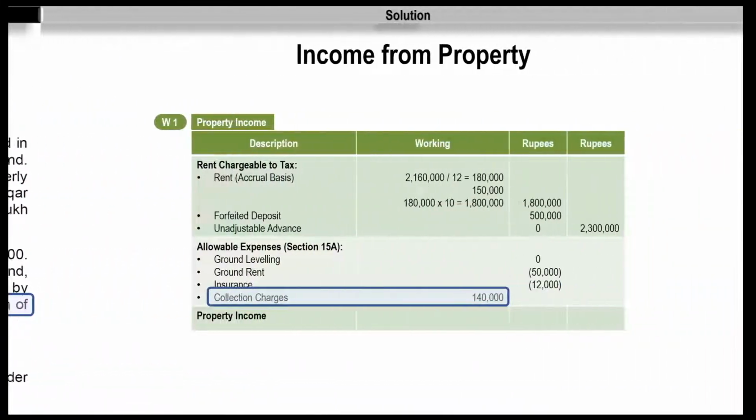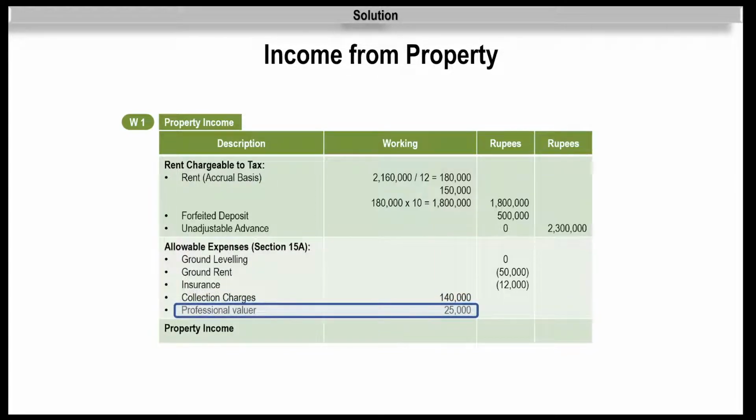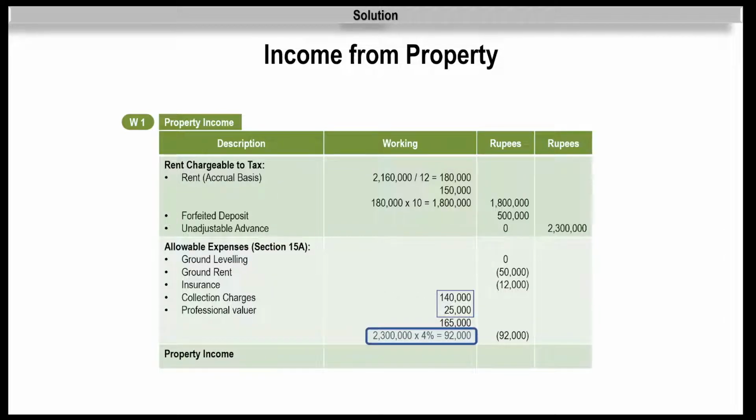Collection charges are rupees 140,000. Payment to professional valuer is Rs 25,000. Make its total. Total comes to Rs 165,000. Now compare it with 4% of rent chargeable to tax. The lower amount is Rs 92,000. This will be allowed as expense.